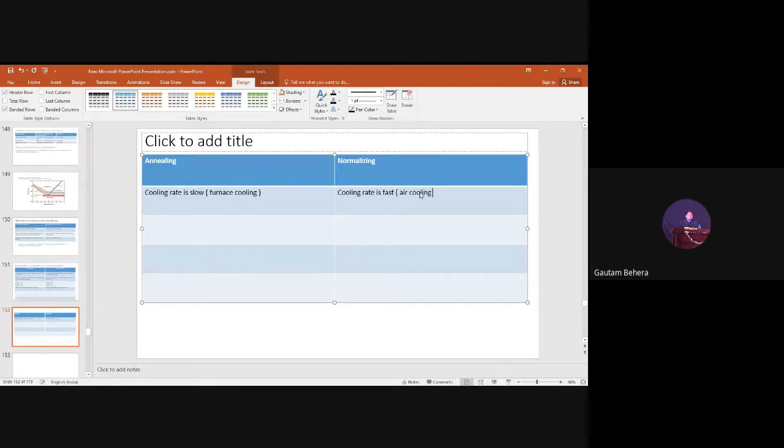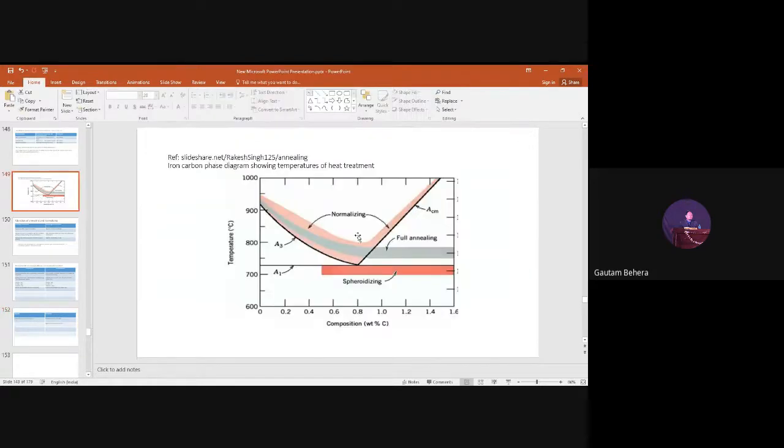This is one of the best differences we have right now. The second one is if you are talking about the temperature, the predetermined temperature. Predetermined temperature is somewhat high. Yes or no? You have seen the plot here? Yes, sir.